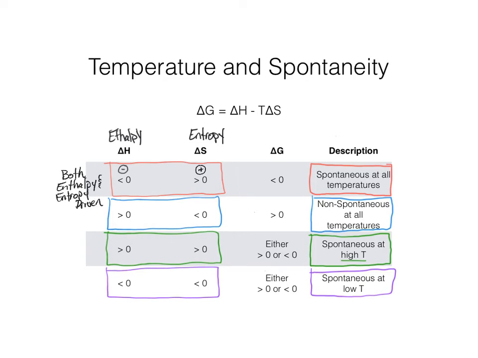Whereas if we have a positive delta H, that is going in the wrong direction for spontaneity, and a negative delta S is also going in the wrong direction for spontaneity, and so this is neither entropy or enthalpy driven.